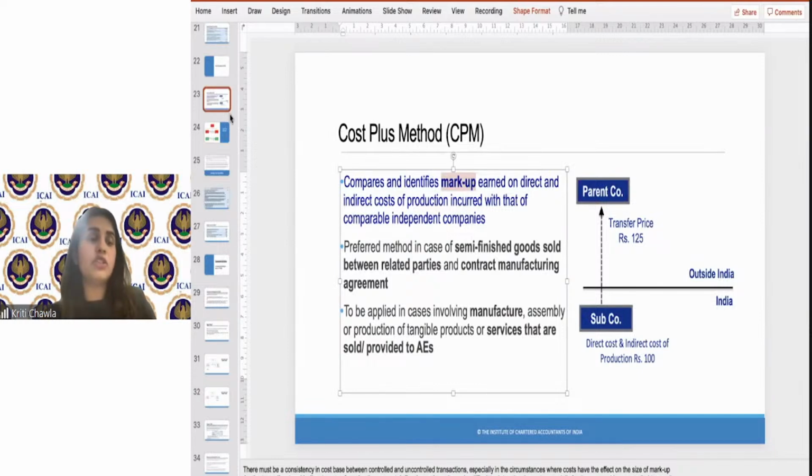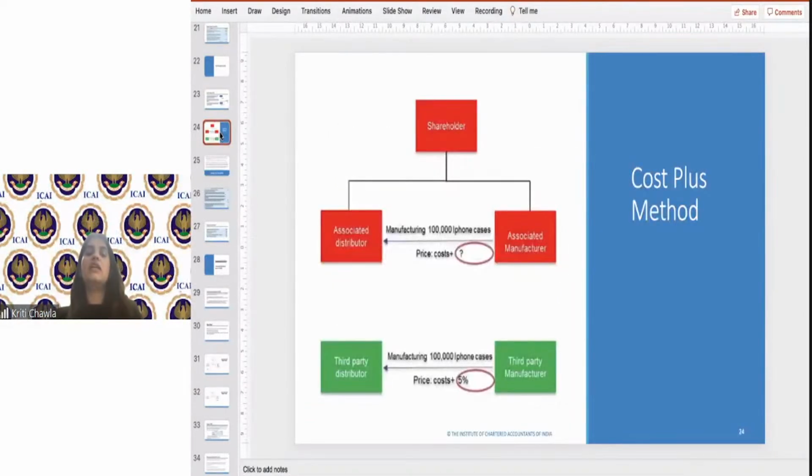So just to recapitulate, in the cost plus method, let's say there is an associated distributor and an associated manufacturer. The manufacturer is manufacturing a particular commodity, say 1 lakh iPhone cases, and is selling it to the distributor. Now, the cost is 1, but what should be the profit margin retained by this manufacturer?